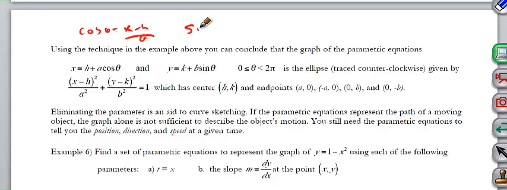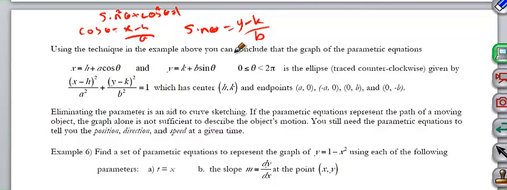And we know that sine of theta, if we were to subtract k over b, would be (y minus k) over b. And then we also know that sine squared plus cosine squared theta equals 1.